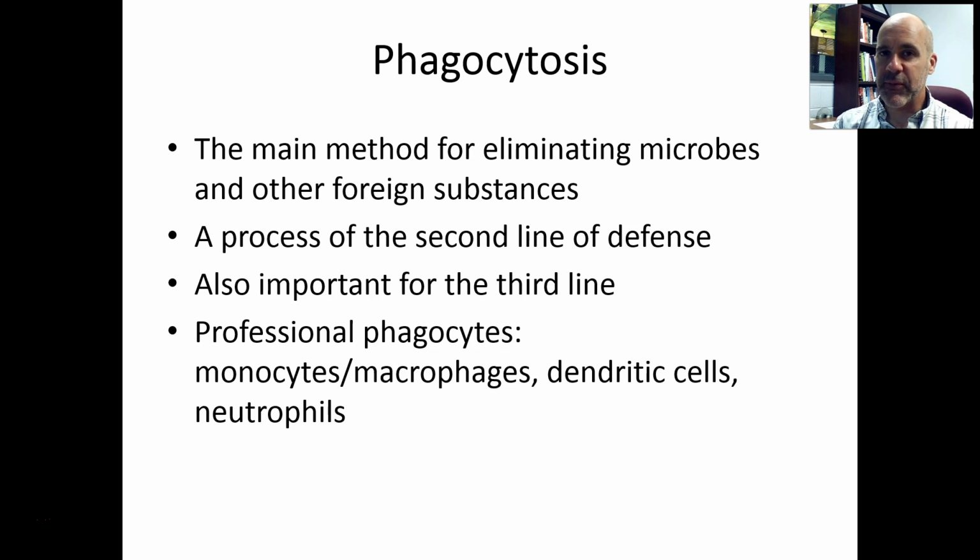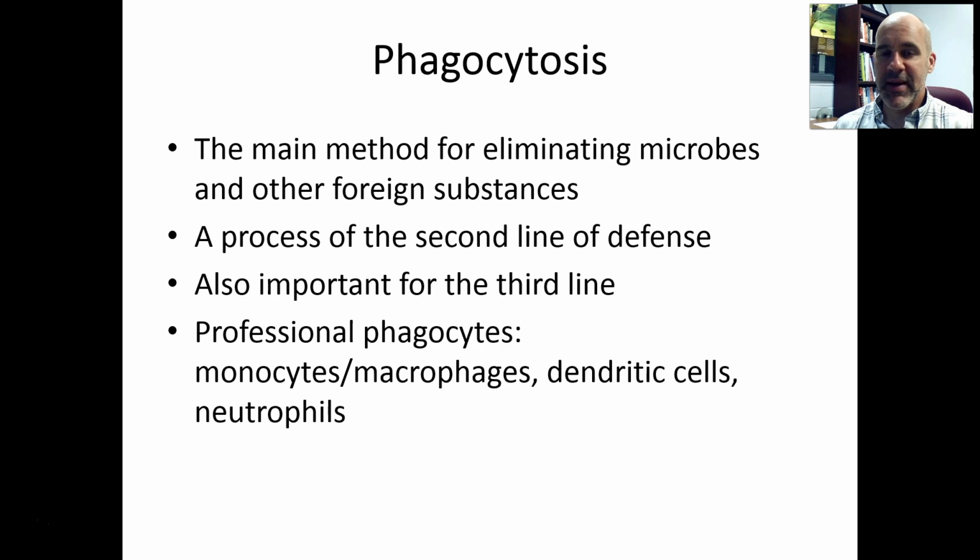As we learned about in chapter 11, though, those professional pathogens have ways of getting around phagocytosis early during infection. And we'll see when we get into chapter 13, one of the main goals of your specific immune system, your third line of defense, is to go ahead and get those pathogenic microorganisms phagocytosed anyway.